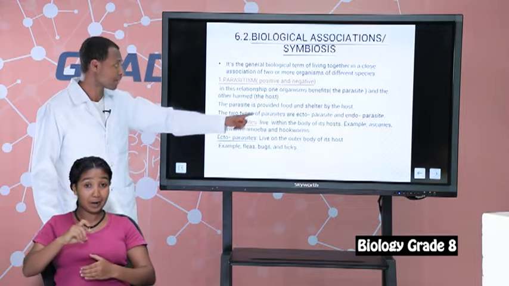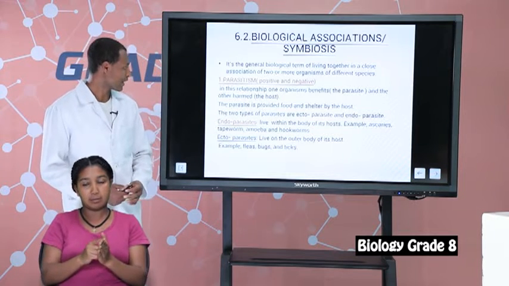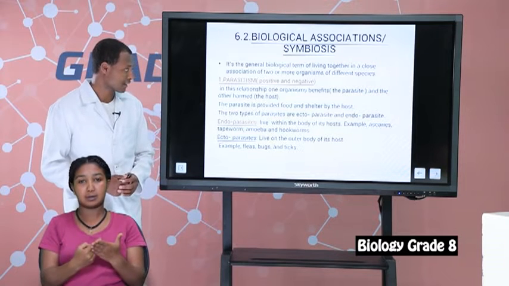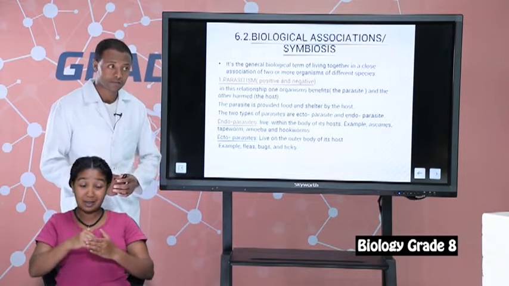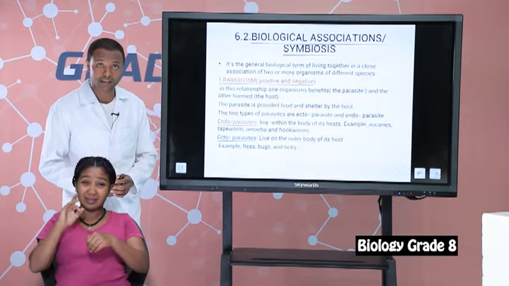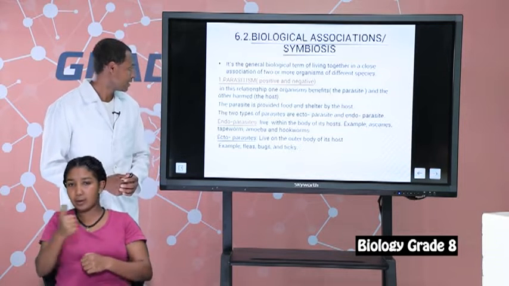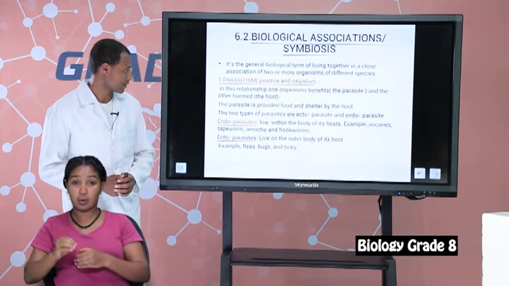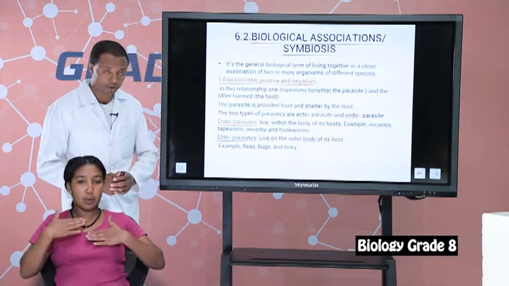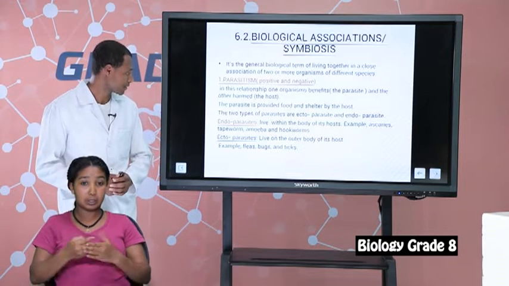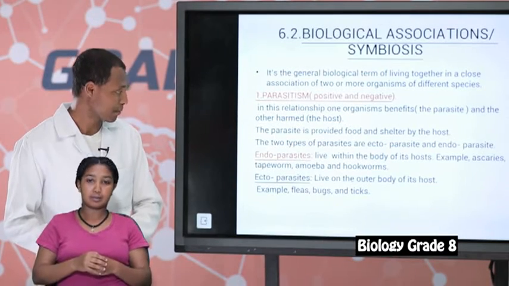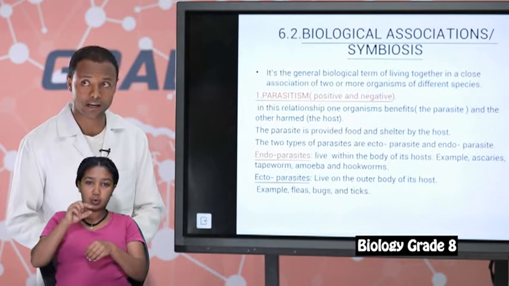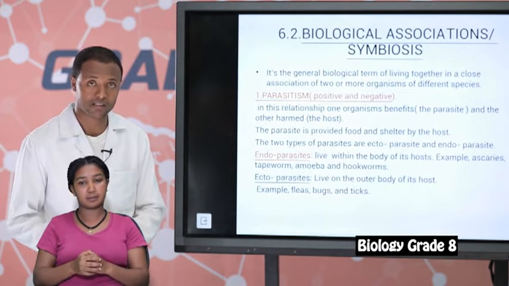Endoparasites, example, ascaris, tapeworm, amoeba, and the hookworms. They affect or attack human beings and other animals. The second is ectoparasites, which live on the outer body of its host. It includes flies, bugs, and the ticks. This is most common in the cattle and the other domestic animals.